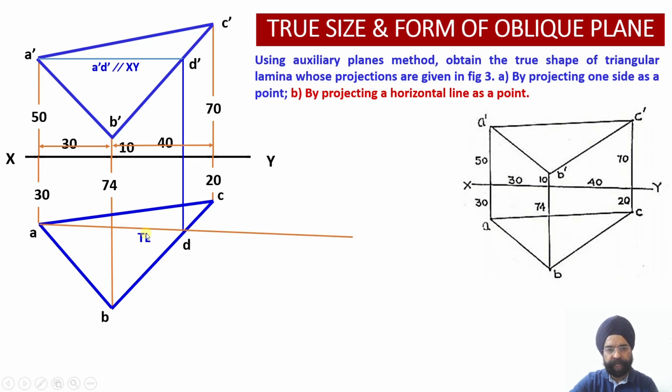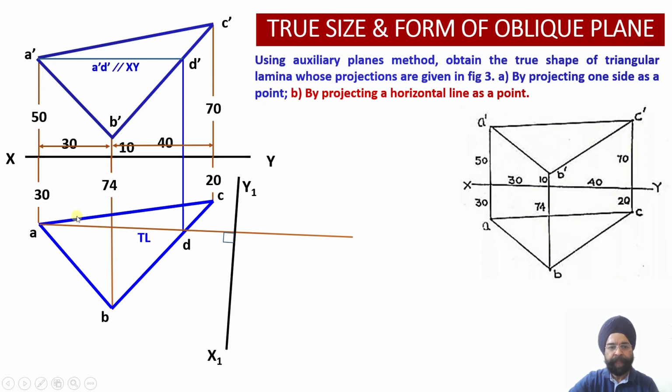Having obtained this true length, the next step is step number 2 of the previous solution, which I am going to use over here. What was that? Whatever true length of the edge was obtained, I am going to extend that true length, and then draw an auxiliary plane which will be perpendicular to the true length obtained in the previous view.